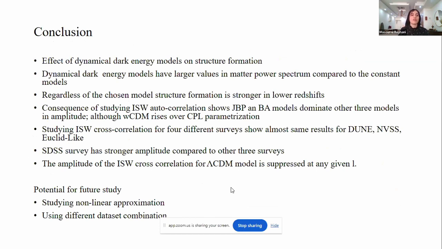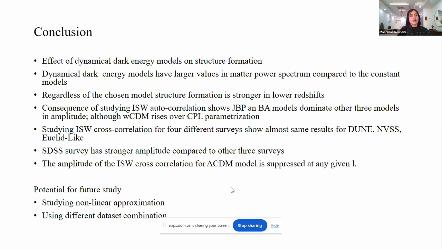Here we have the conclusion. Let me just summarize what we have talked about. We studied structure formation by studying the ISW effect and the matter power spectrum. We studied the matter power spectrum at two different redshifts and saw that for higher redshifts there is a decrease in the amplitude. That means that by moving toward the current age of the universe, we have stronger structure formation.